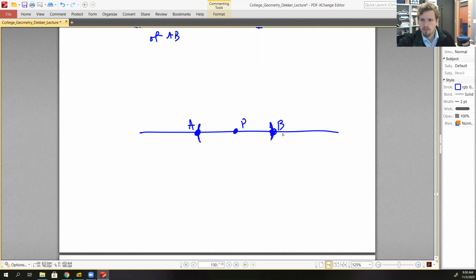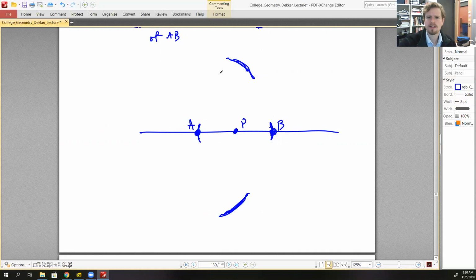Once we mark those points, then we do the same thing that we did before. We construct a circle centered at A with radius AB, but all we need from that is the mark above and the mark below. I could construct the whole circle and that's fine, but all I need is the mark above and the mark below. And then with B, I construct a circle as well, centered at B with radius AB.